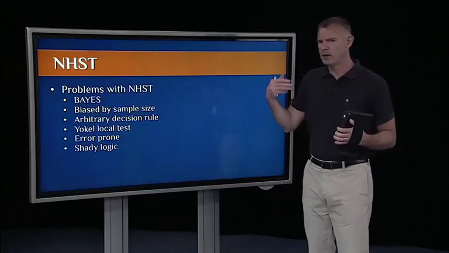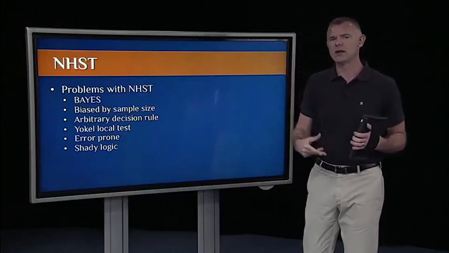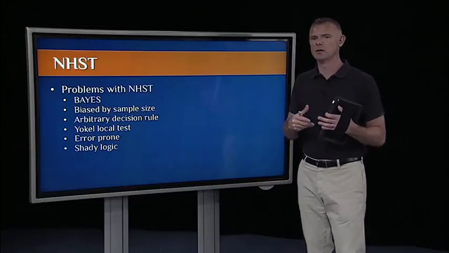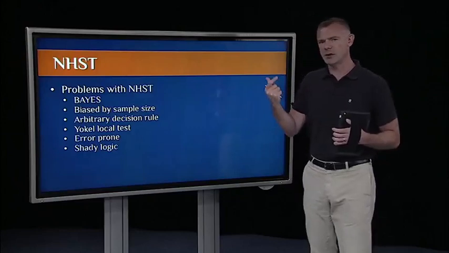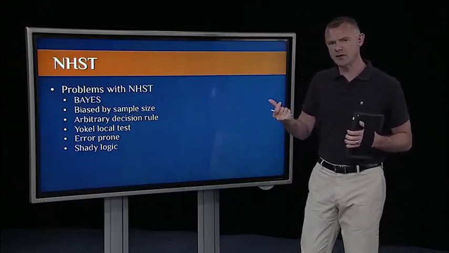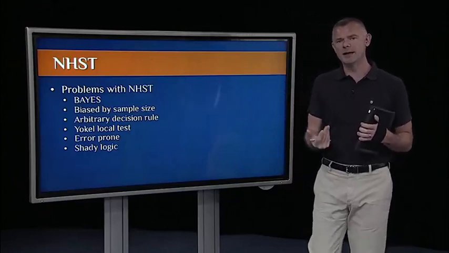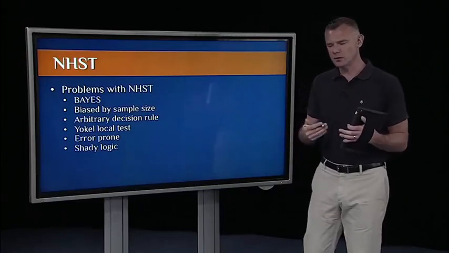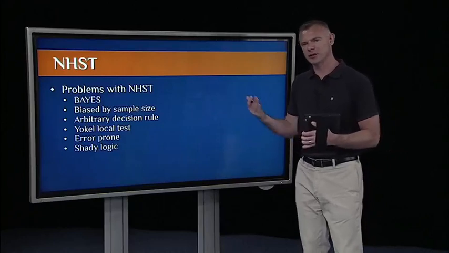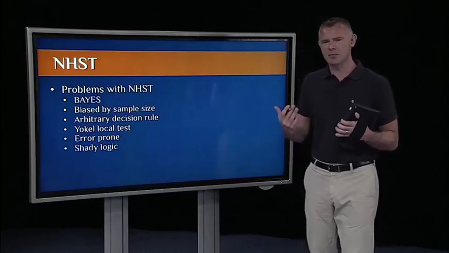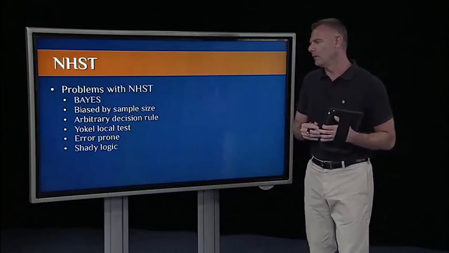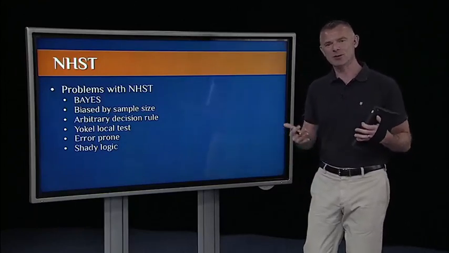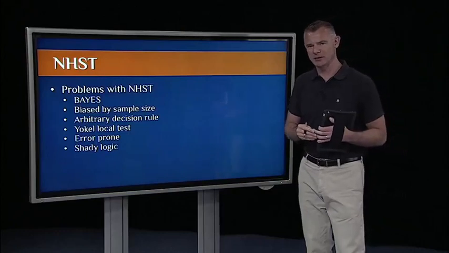And remember, it also forces us to engage in what I called shady logic. The modus tollens logic that we use in null hypothesis significance testing would be fine if we didn't engage in this probabilistic reasoning. Once we made it probabilistic, as I showed you back in those lectures, it became what I call shady. So that's the Bayes acronym to remember these multiple problems associated with NHST.